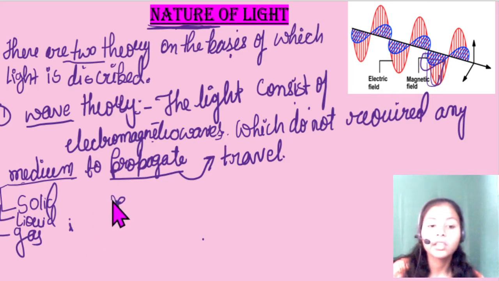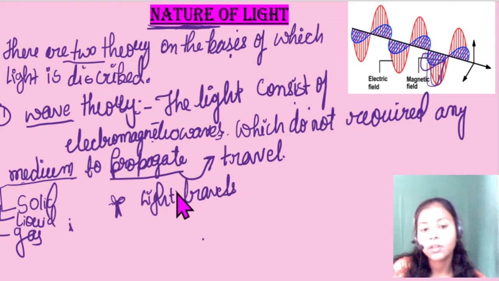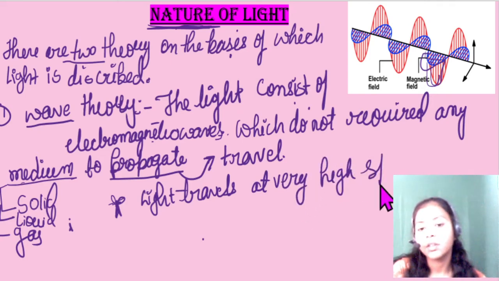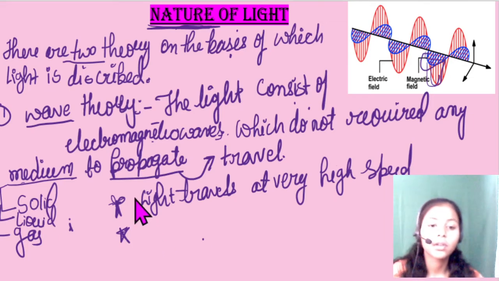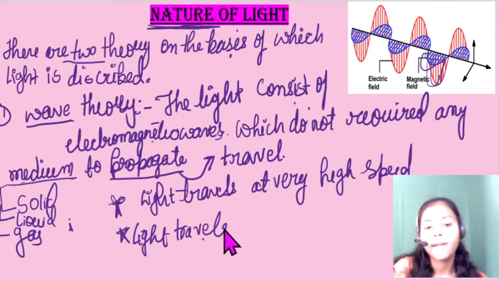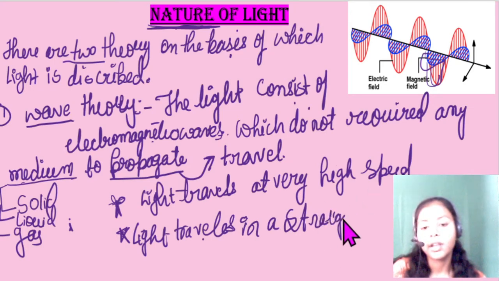These are properties of light: light travels at very high speed, and second, light travels in a straight line.